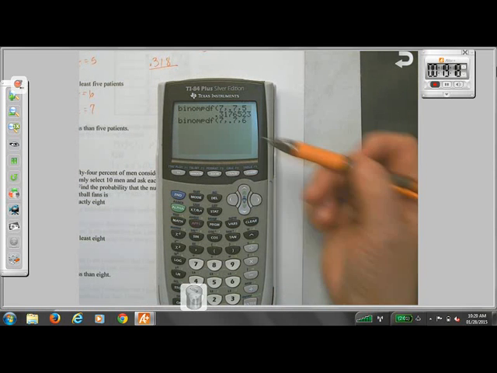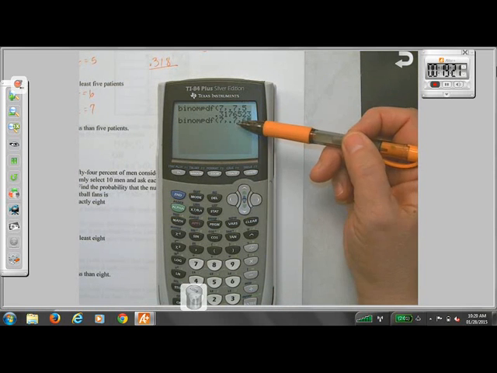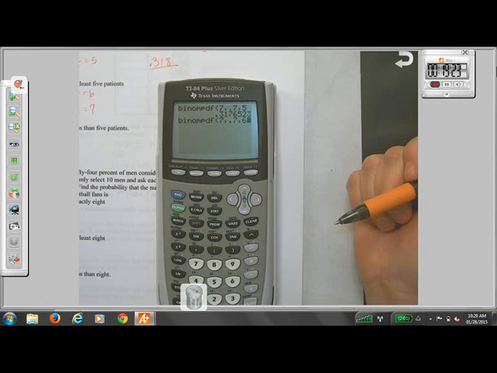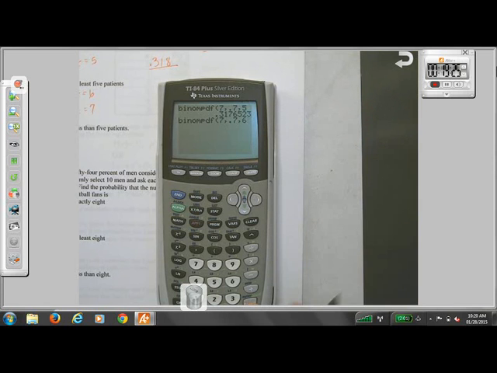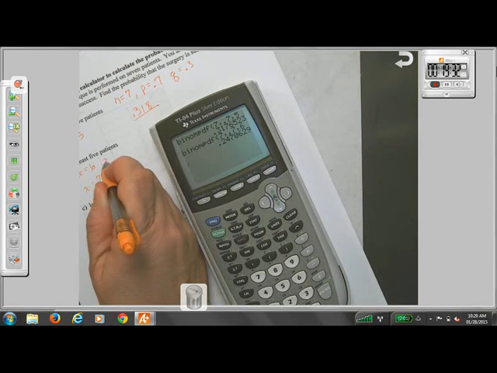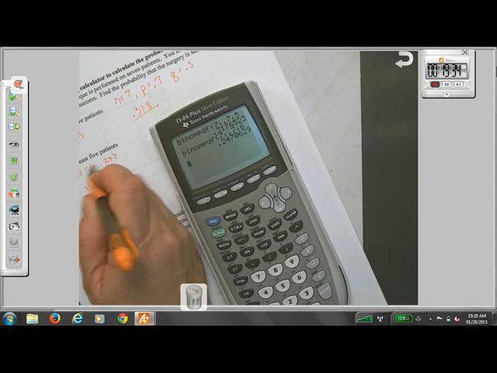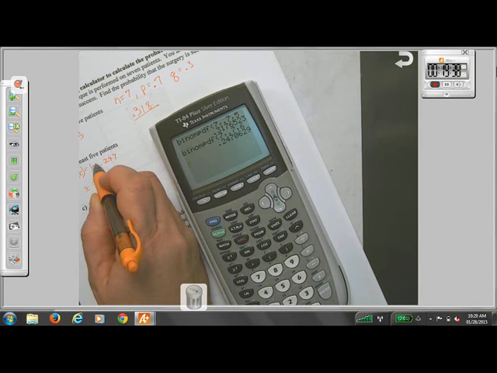Okay, so I'm doing the binomial PDF, 7, 0.7, and 6. And that gets us 0.247. Actually, the probability of X when X equals 6. I don't want to put an equal sign there.